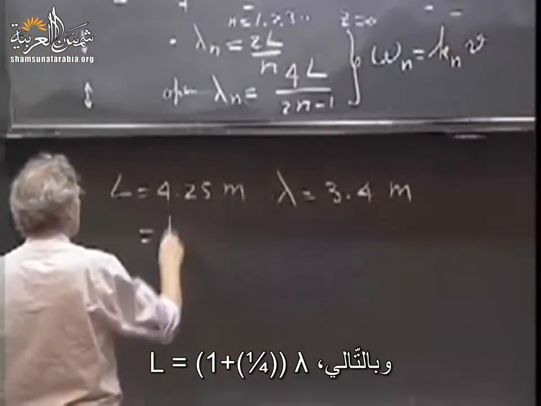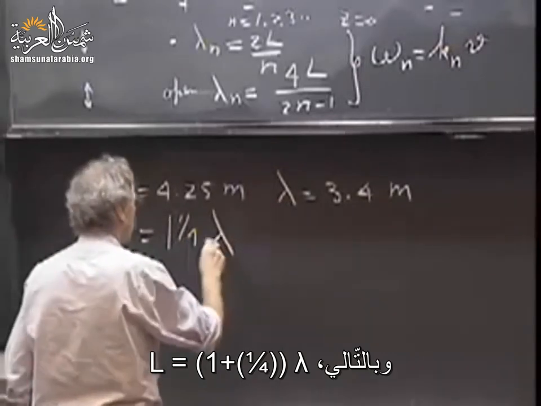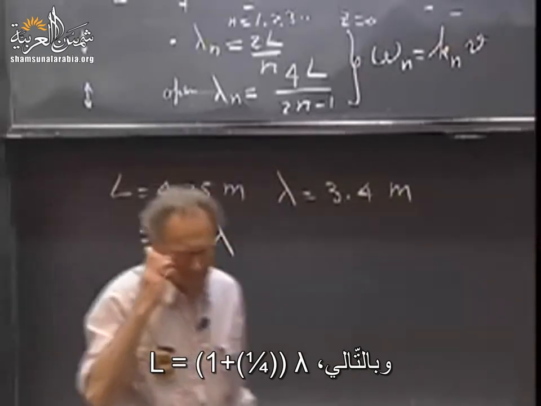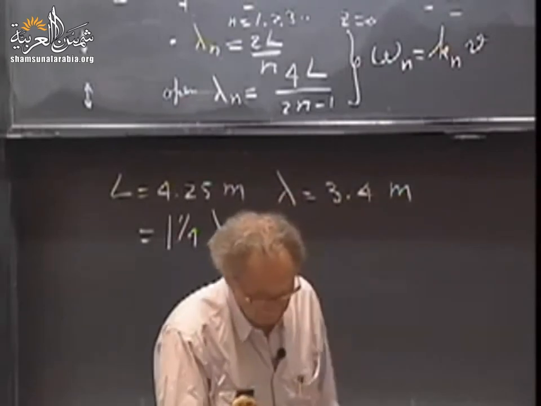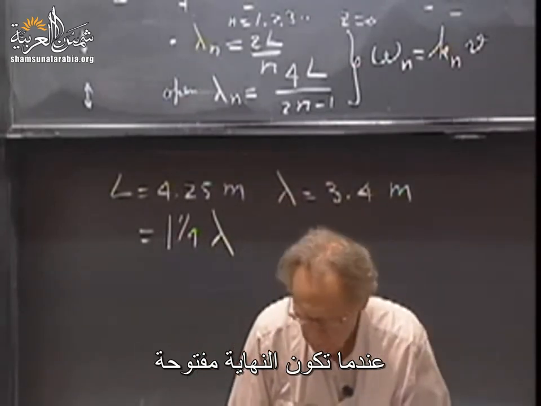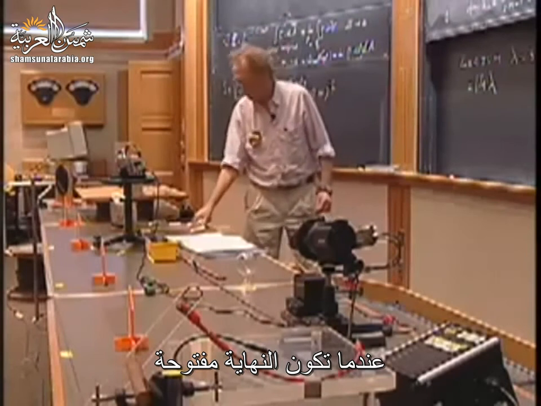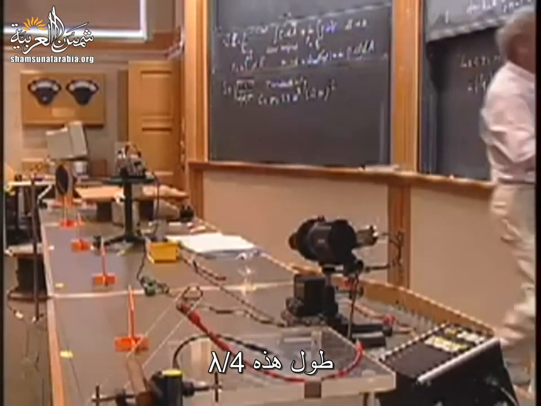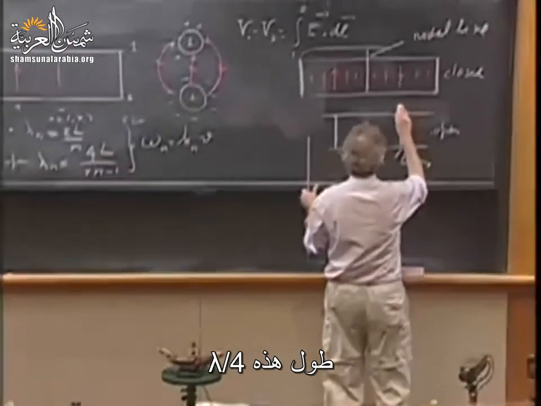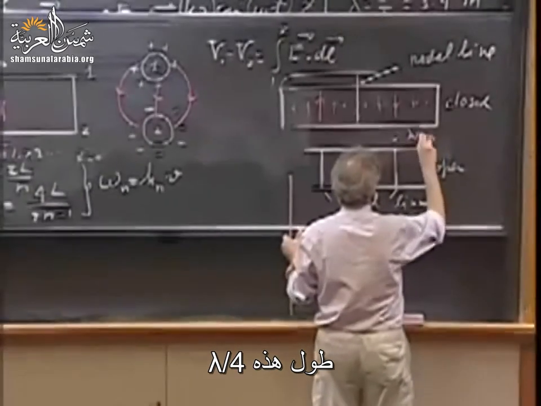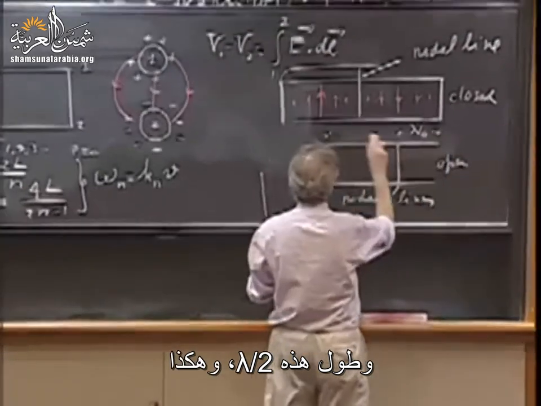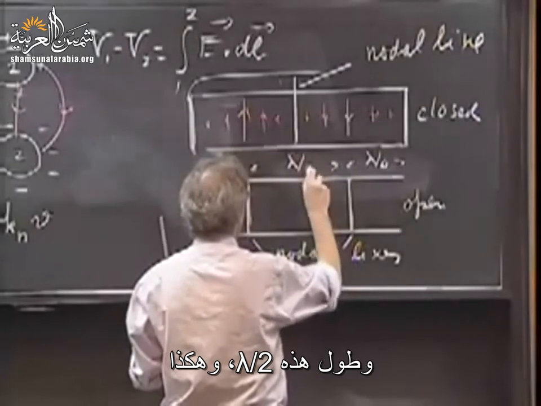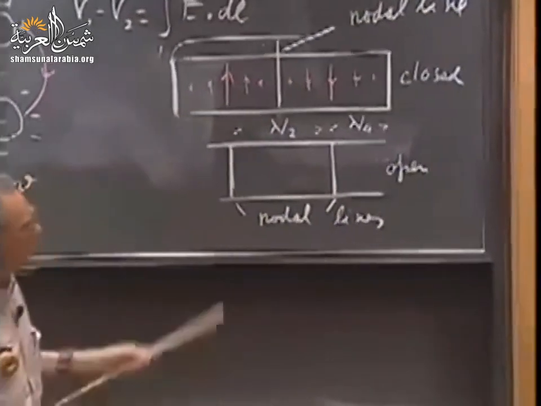So the length is 1 1/4 wavelength. And so when it is open, which it is here, then this is 1/4 wavelength, and this is 1/2 wavelength, and so on.